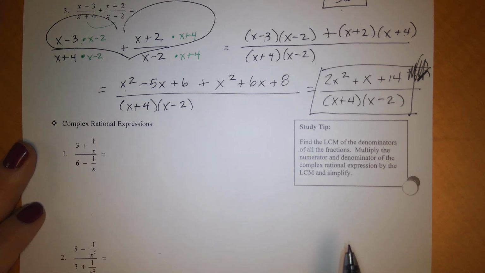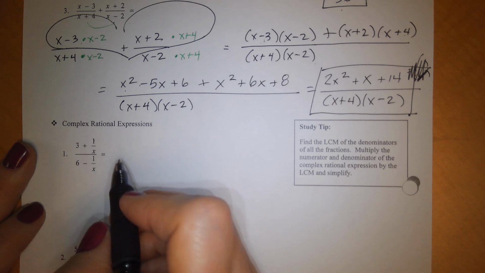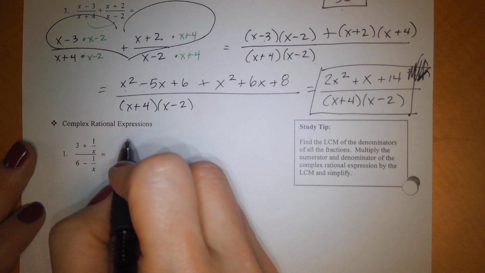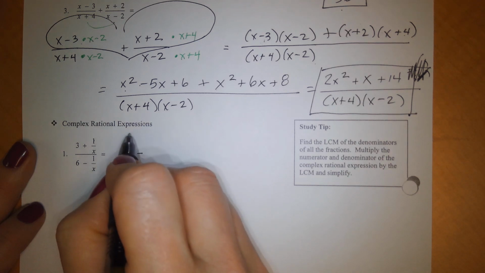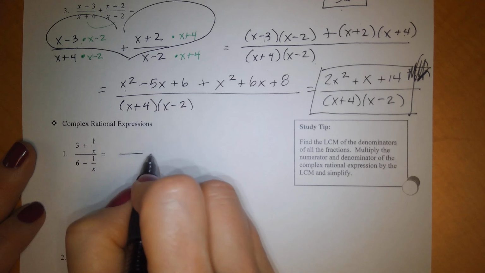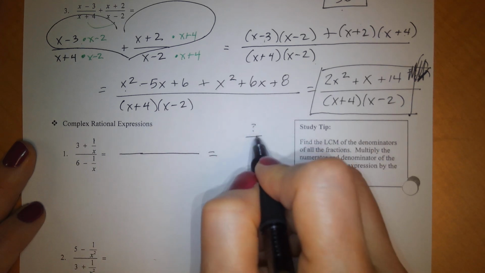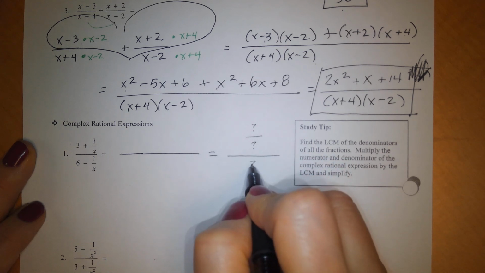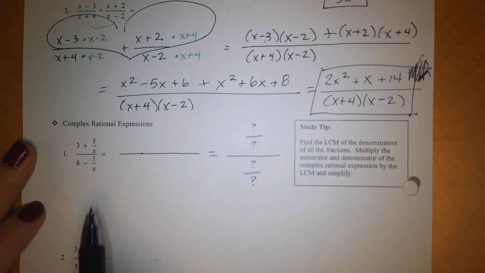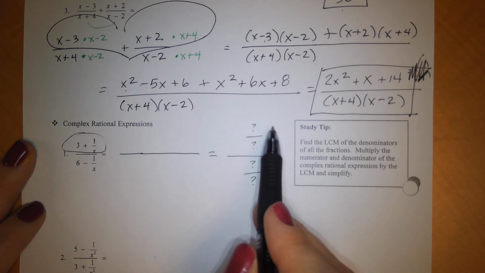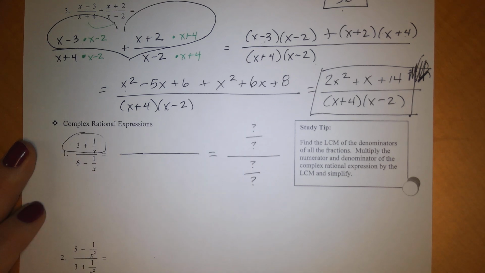So the first goal here is to get a single fraction divided by a single fraction. In other words, I want to combine all of this together into one single fraction.